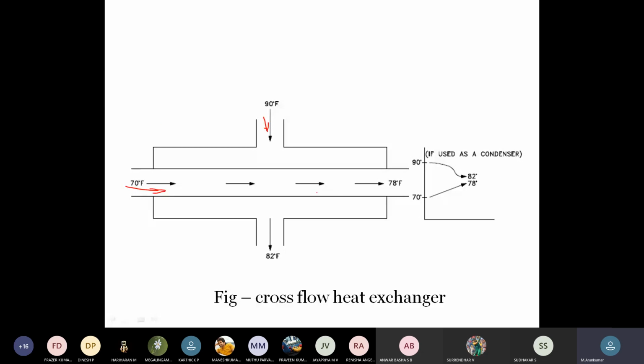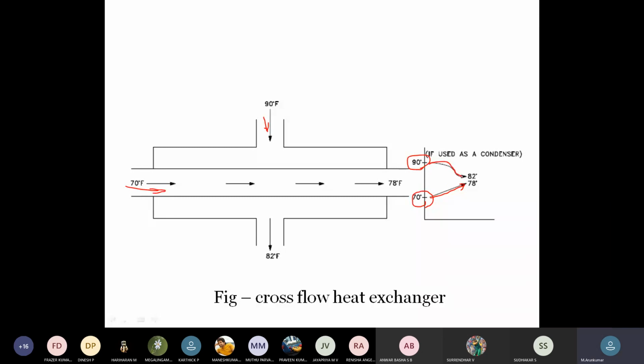So the initial temperature of the cold fluid may be here, and the initial temperature of the hot fluid may be here. Then there will be a sudden increase in temperature in the cold fluid and a decrease in temperature in the hot fluid, but in this manner, in this path.